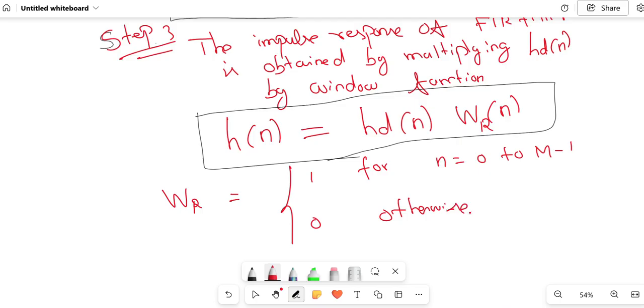So, WR is equal to 1 for n equal to 0 to M minus 1, 0 otherwise.